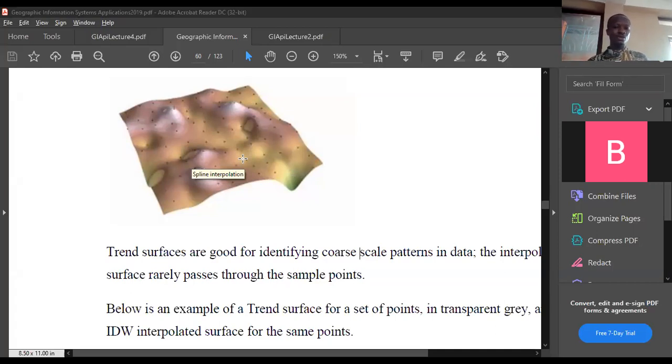I'll go online and show you an example of a surface which is not made up of the physical earth. Ben asked a question, but I didn't mind him. I'm going to show you a surface which is not necessarily the physical earth.